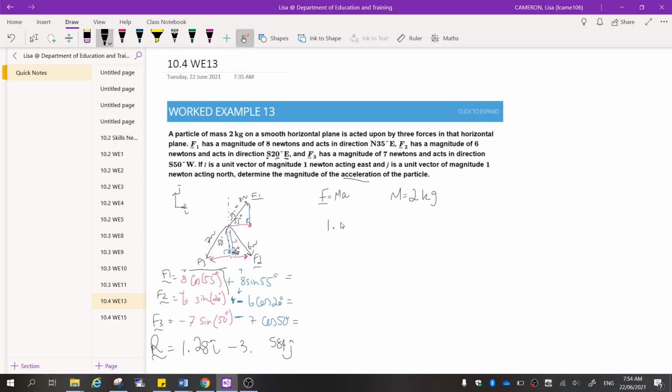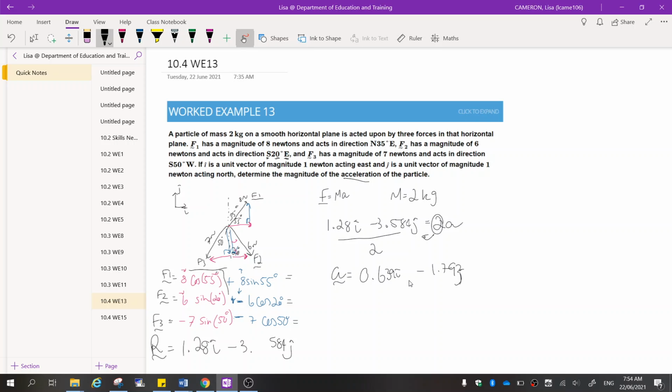Okay, so 1.28 i minus 3.584 j is equal to 2 times the acceleration. I'm going to take this over and divide both terms by 2, and that gives me an expression for the acceleration in terms of i and j. So 0.639 i minus 1.792 j.